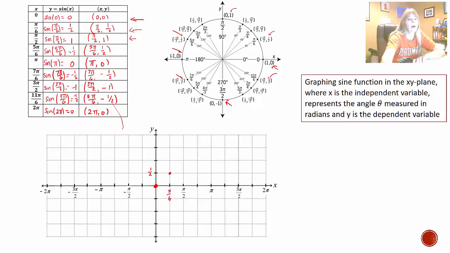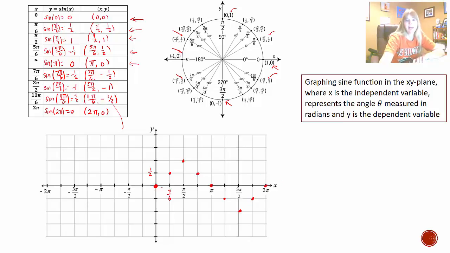Then I'm going to plot pi over 2 and 1. Then 5 pi over 6 and 1/2. Pi, 0. 7 pi over 6, -1/2. 3 pi over 2, -1. Go back up to -1/2, and then here.